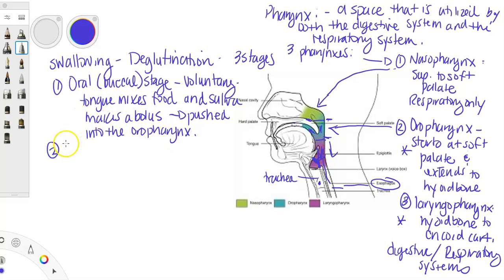All right, the second phase is the pharyngeal phase. So in this phase, this is involuntary. So it stimulates the swallowing control center.